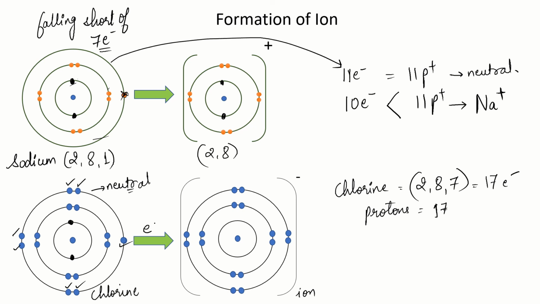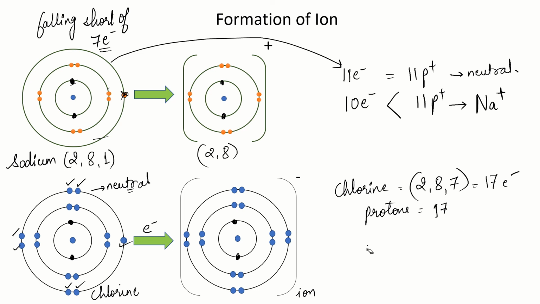When 1 electron gets added, it is now a happy and stable atom, because the configuration becomes 2, 8 and 8, which is a noble gas configuration.